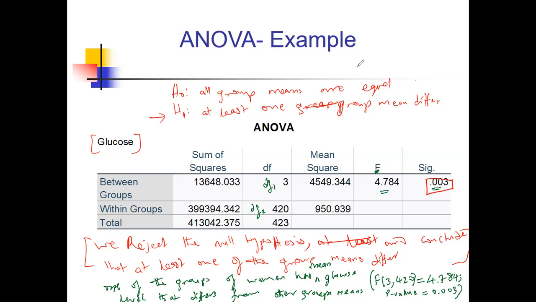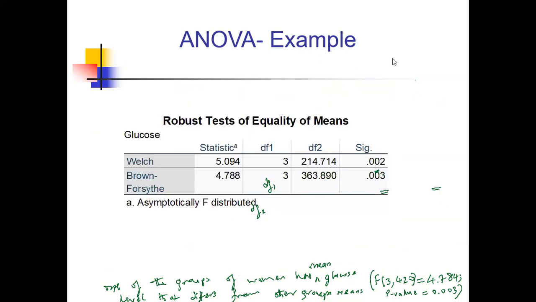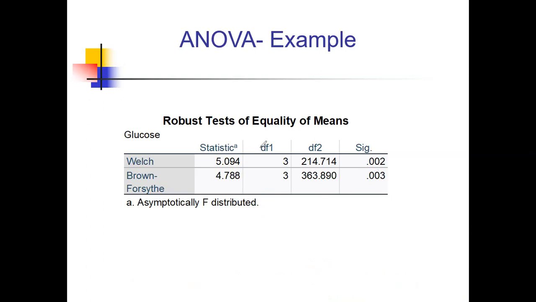Okay, so the way we interpret this is the way we interpret the outcome from the next slide. Remember we said that if the Levene's test is not met, if the result of the Levene's test tells us that the variances are not equal, then we can't interpret the table we just interpreted.